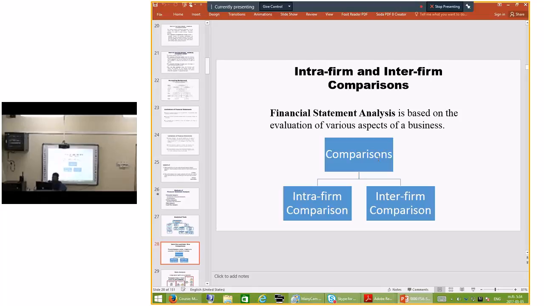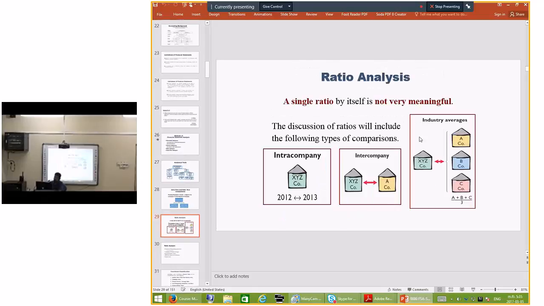Intra-firm means within the organization, we can compare with the historical data or within the same financial statement, and we can prepare that analysis. But inter-firm means in between two or more organizations, we can compare the results or the ratios or other details.